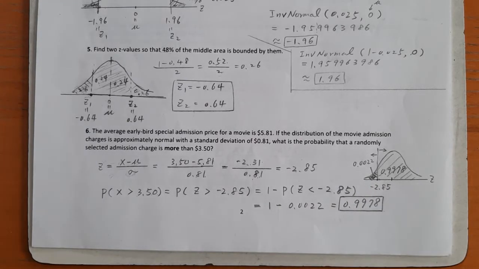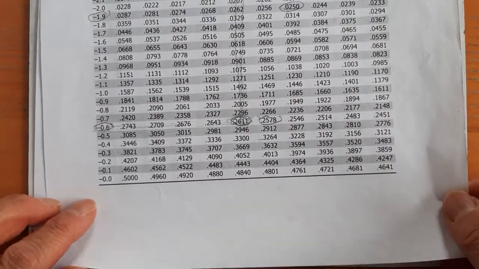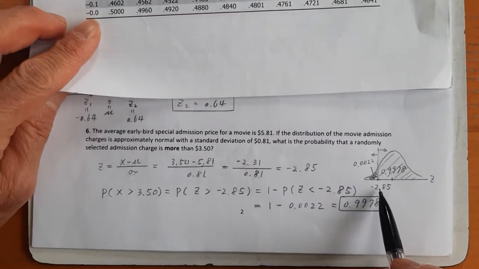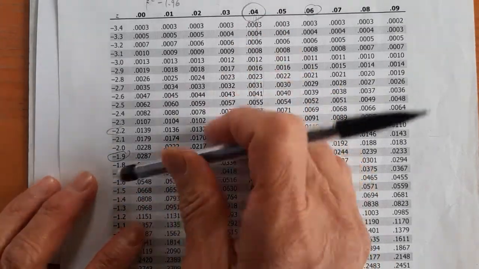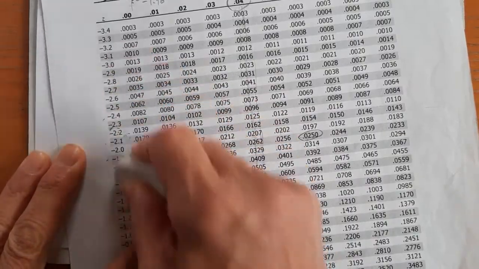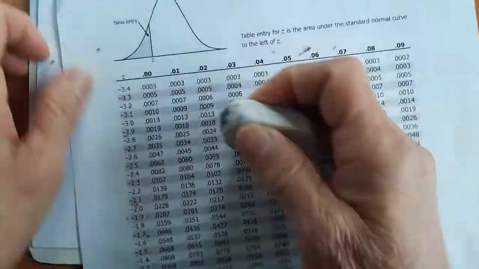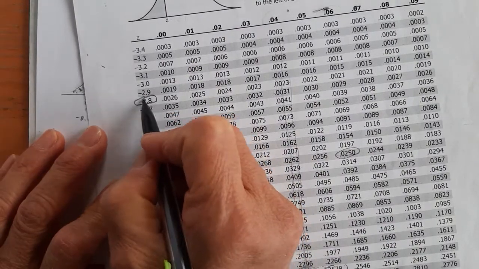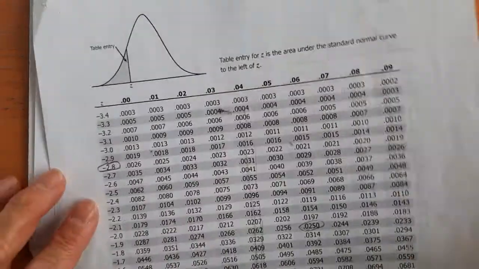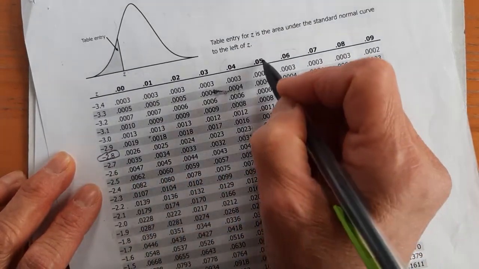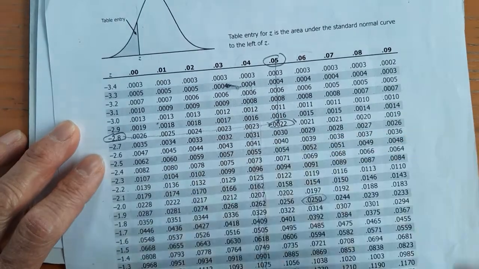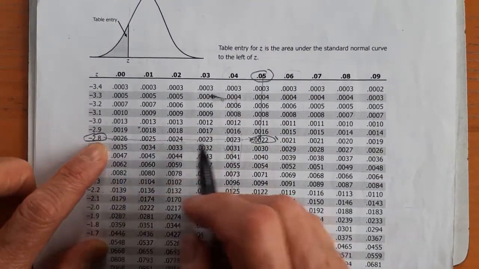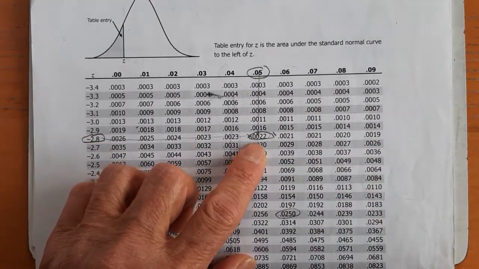Looking at the table, negative 2.85 is here: negative 2.8 in the row and 0.05 in the column, and the intersection is the probability. The intersection for negative 2.85 is 0.0022.